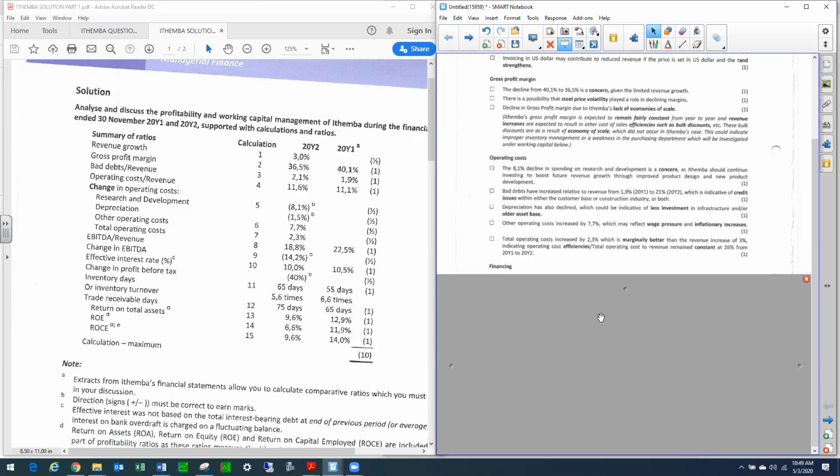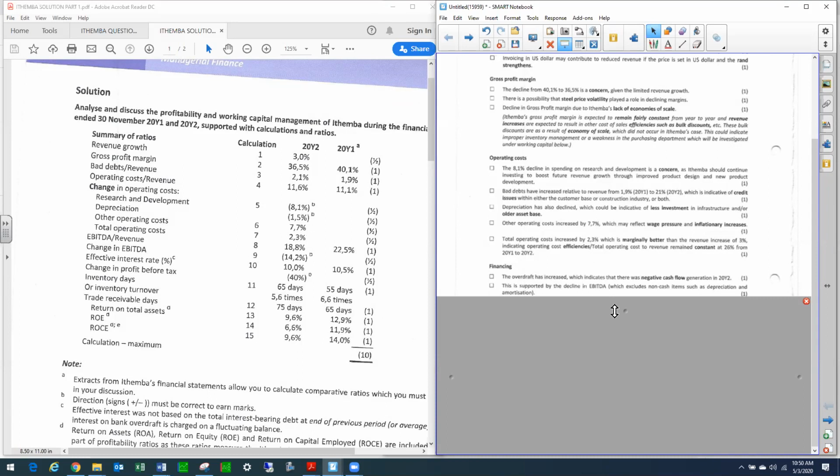Overdraft has gone up. Perfect. Okay, guys, what else? What's happened to your EBITDA revenue and your change in EBITDA? It's gone down. So if my EBITDA has gone down, that means I'm not generating cash. Are you guys comfortable with this? That makes sense.